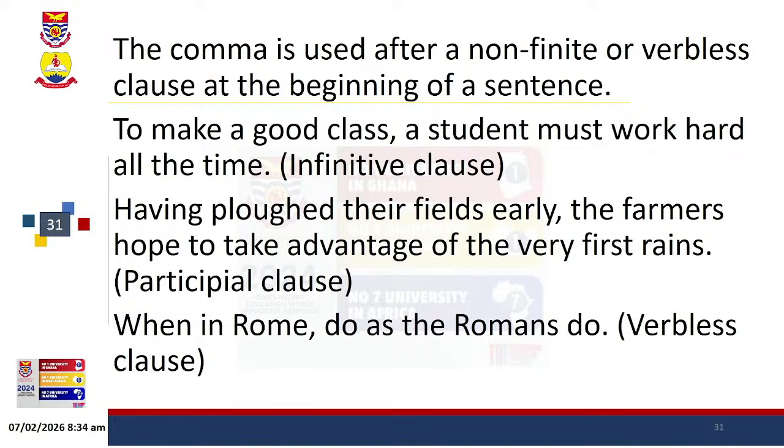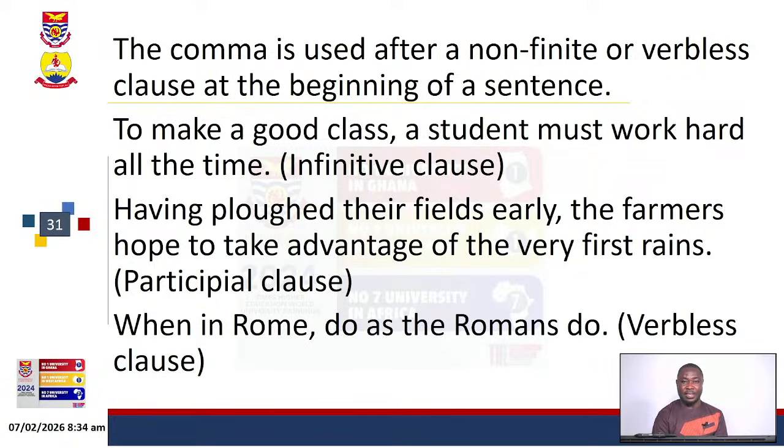So, for example, to make a good class, a student must work hard at all times. Now, to make a good class is a non-finite clause. And this particular example, to make a good class, is the non-finite clause type we refer to as infinitive.